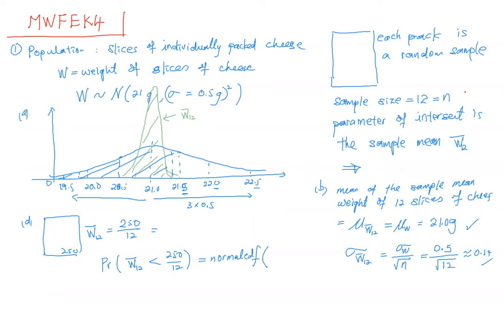So you put in negative 10 to the power 99, 250 divided by 12, 21, then 0.5 divided by square root of 12. This is one way of doing it. If you don't want to, you also can do it another way.